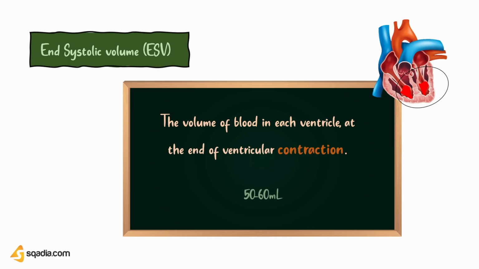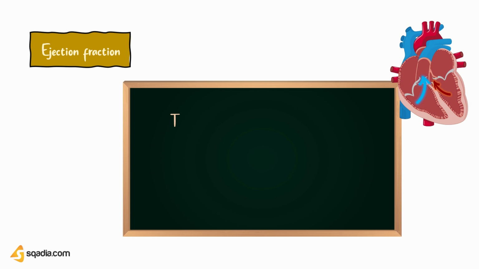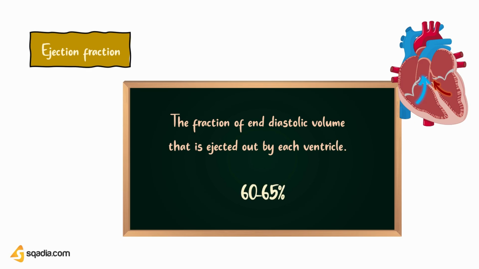Its normal value is about 50 to 60 milliliters. Next important term is ejection fraction, which is the fraction of end diastolic volume that is ejected out by each ventricle. Normal ejection fraction is 60% to 65%.